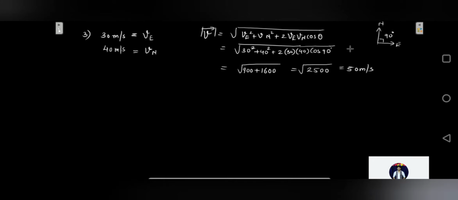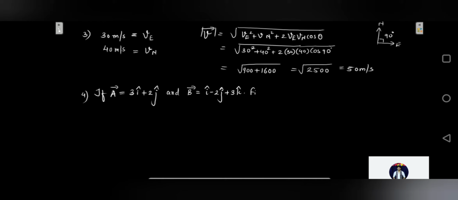Okay, write the next question. If vector A, on top you have to write an arrow, okay? That is vector A is 3i plus 2j and vector B is equal to i minus 2j plus 3k.